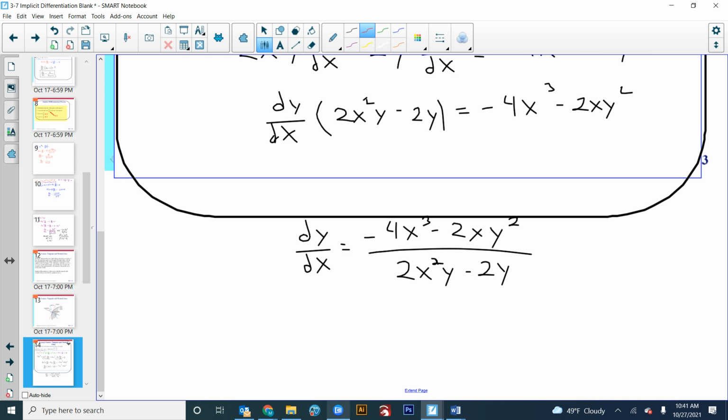Now, a little word of wisdom. Are you ready? X cubed is going to be radical 2 over 2 cubed. X is radical 2 over 2. Y squared is radical 2 over 2 squared because x and y are the same.